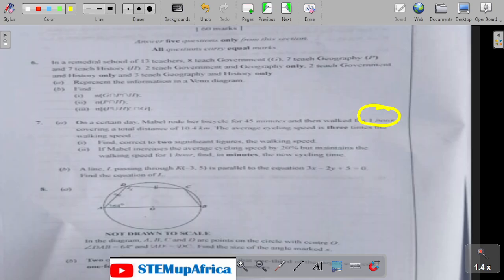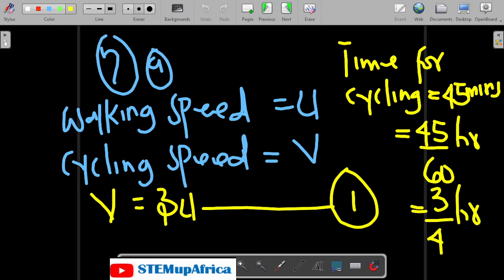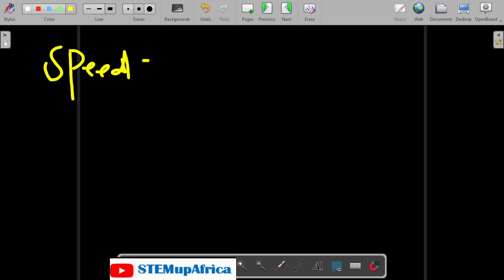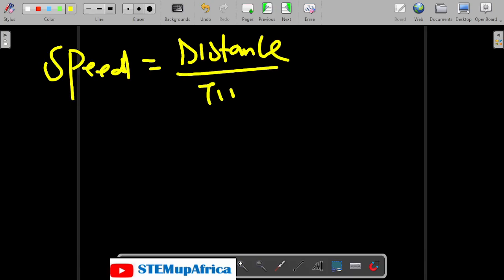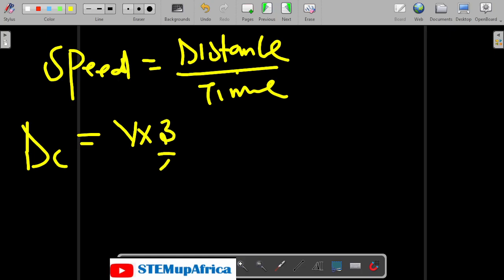So we know from basic physics that speed is distance over time. So what will be our distance? Distance for cycling, let me use DC, that represents cycling, is the speed of cycling, which is V, times the time used to cycle, 3 over 4.